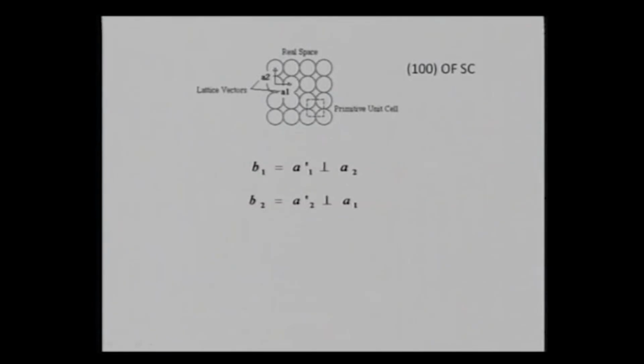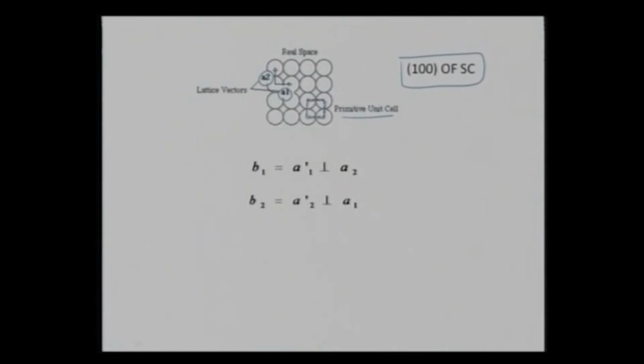So let me come back to the 100 plane of a simple cubic, and if I take the real space, I have the vector A1, I have the vector A2, and these are the lattice vectors, and they will form a primitive unit cell. If I take a particular box, it will form my primitive unit cell.